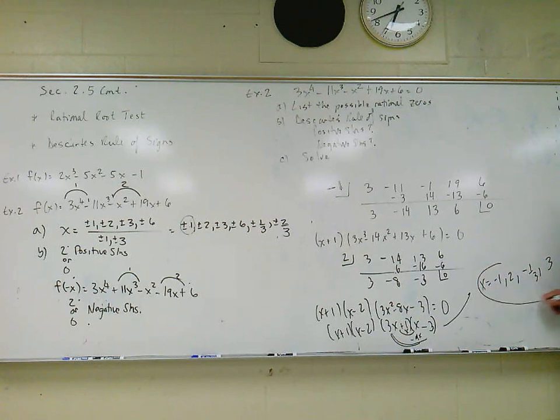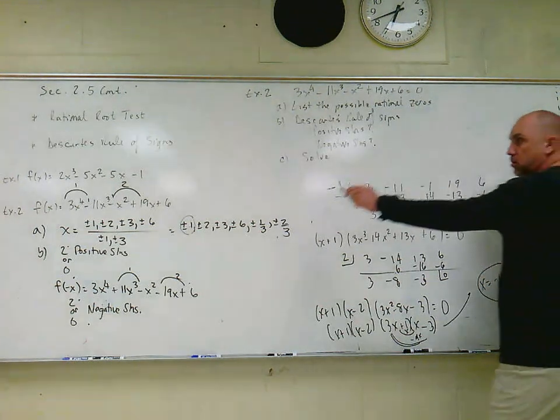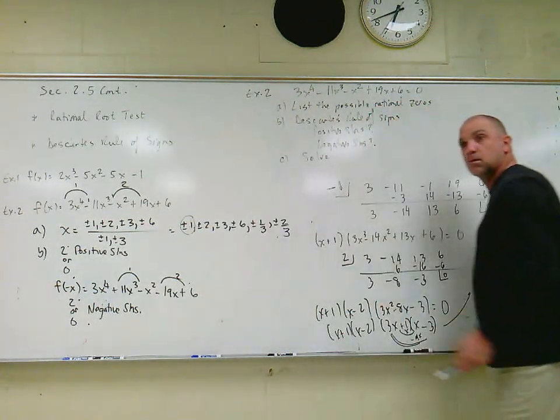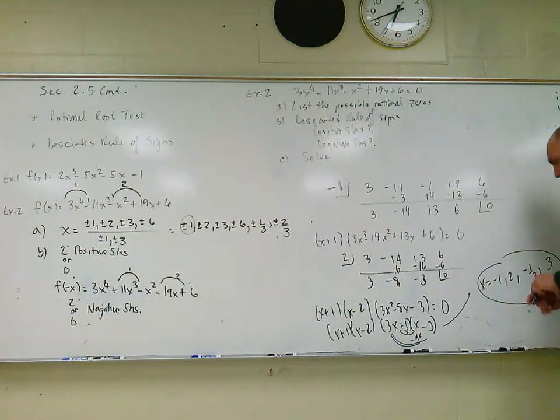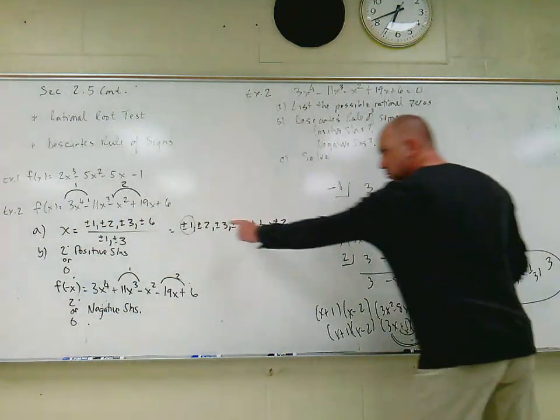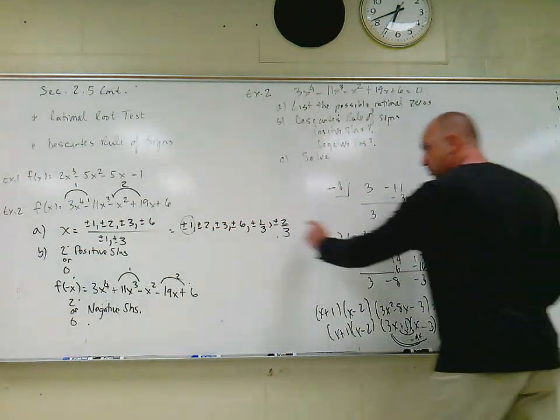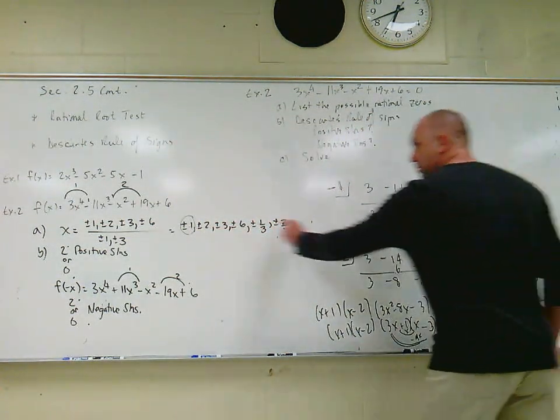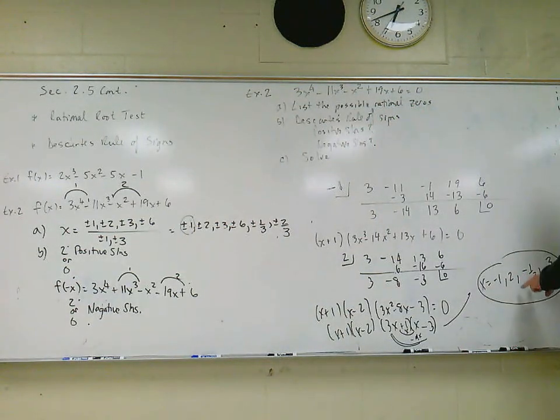Notice, did all of our answers come from here? No, they didn't. Let's see, -1 is not up here. 2, -1/3, 3. So I'll ask again, did all of our answers come from there? So they're all rational zeros.